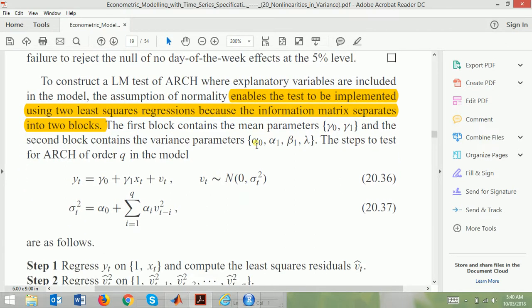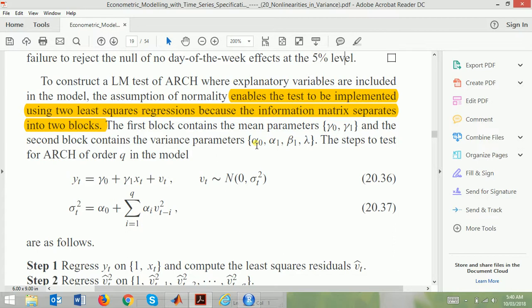The first block contains the mean parameters, which are lambda naught, gamma naught and gamma 1. The variance parameters are captured in the second block, which is alpha naught, alpha 1, beta 1, lambda.